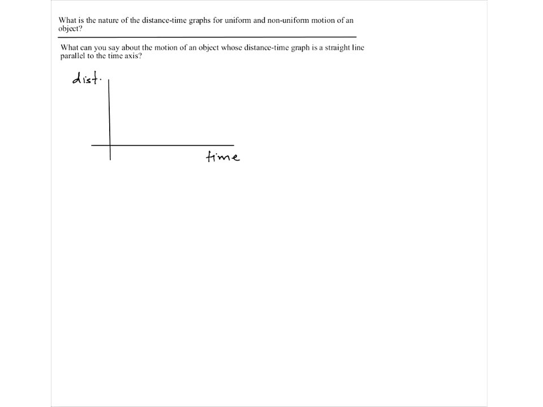Distance time graph is a straight line parallel to the time axis. So time is going, going, going. Distance is not changing, not changing, not changing. So the object is having coffee, it means taking rest. Distance is not changing. Rest. No motion at all. If distance doesn't change with time, what does it mean?